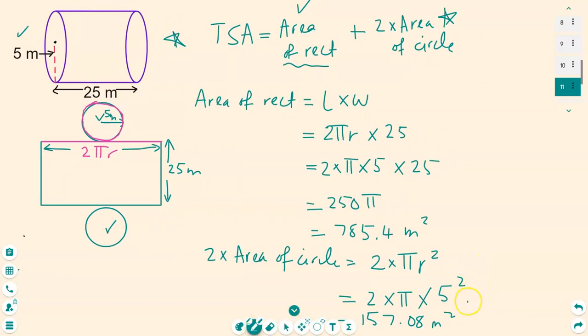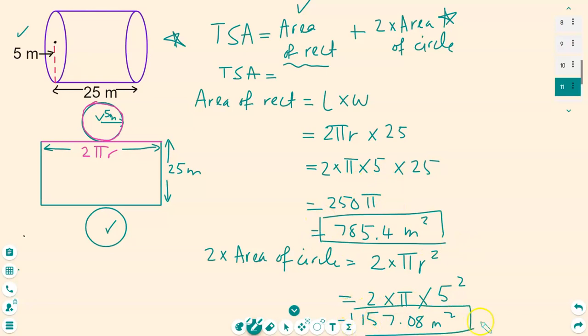Come back to our plan when it's surface area. Okay, so then we just go up to here. Total surface area. Actually, let's write it underneath. Total surface area is the area of your rectangle. It helps to put a box around your answers that you'll need later on. So I'll just put boxes. 785.4 plus 2 times, oh, actually, we've already times it by 2.